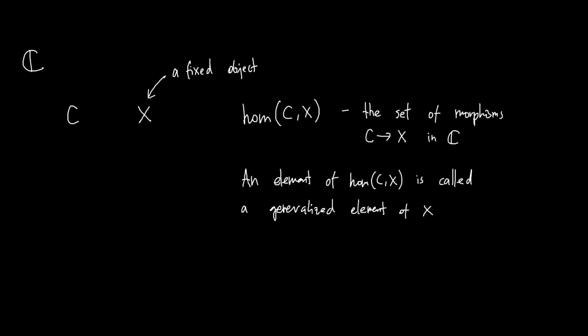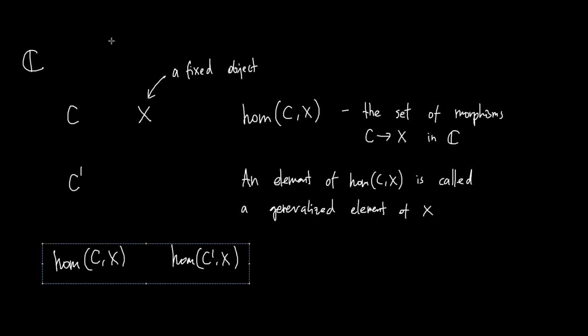There is, however, a way to link different Hom sets for a fixed X as we vary the C. For example, if I consider now another object C prime, there could be a way of comparing Hom(C, X) with Hom(C prime, X). We would have such a comparison every time we have a morphism from C prime to C.